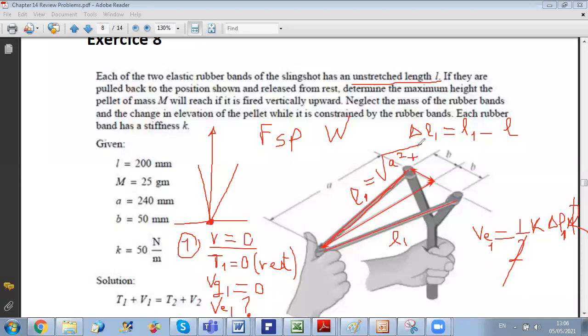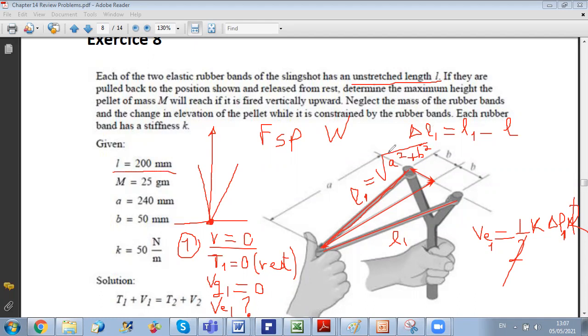A and B are given here. Once we get L1, we should not forget to subtract L0, which is here 200 millimeters. Then we get the value of delta L1.